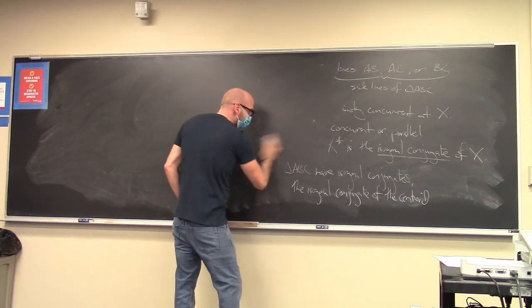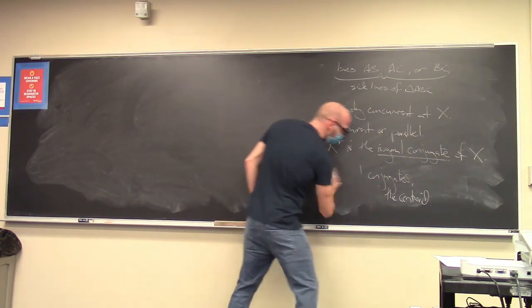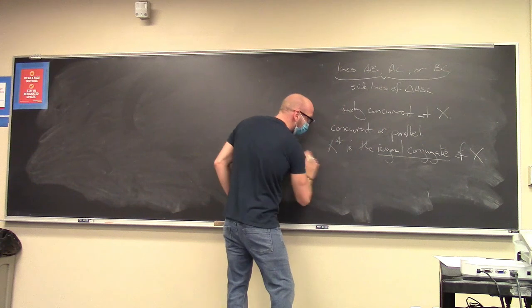My question is, which points in the plane actually have isogonal conjugates? As we've seen, all the interior points do.